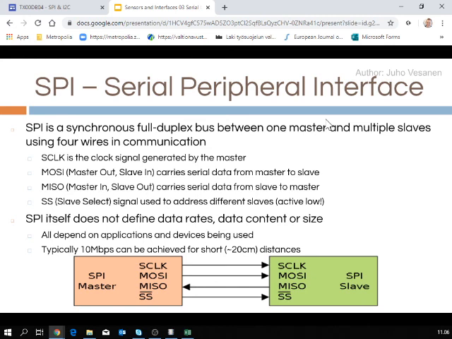The second part of today's exercise. Today's exercise has both an I2C sensor and a little bit more complex SPI. Well, SPI is very simple, but you will be doing more connections.